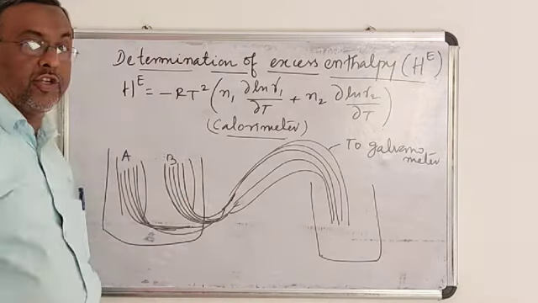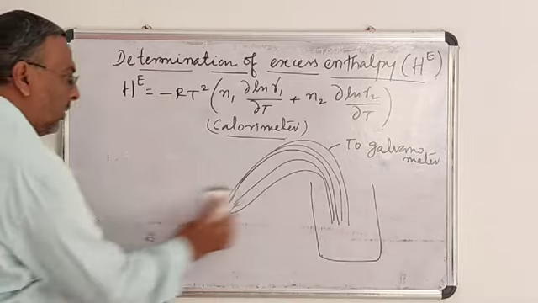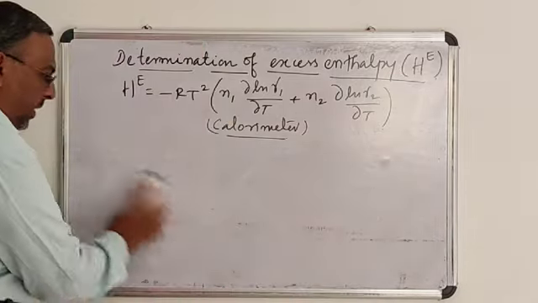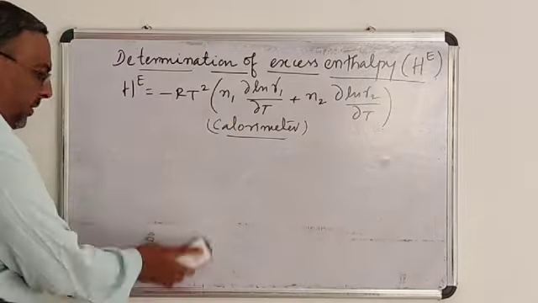For this, there may be an exothermic process, with positive deviation, or it may be negative deviation in this case. In the case of an exothermic process, how to find out the enthalpy change?